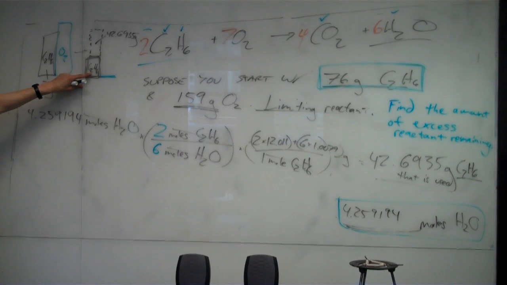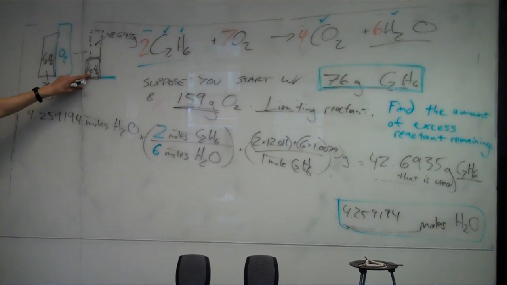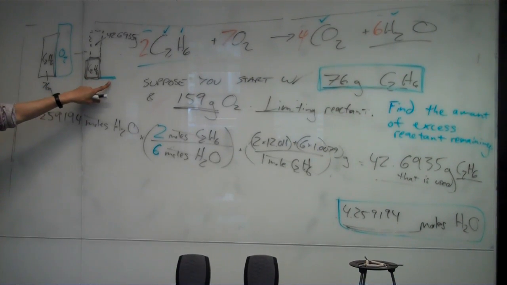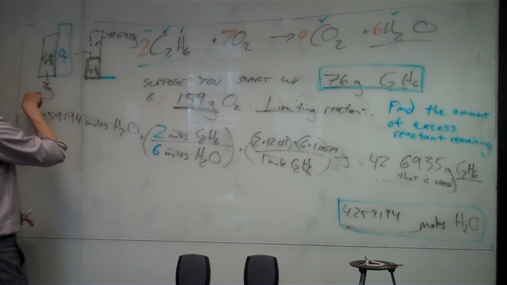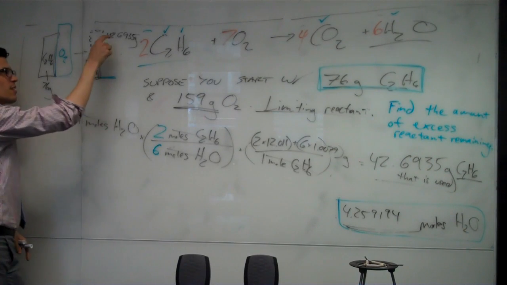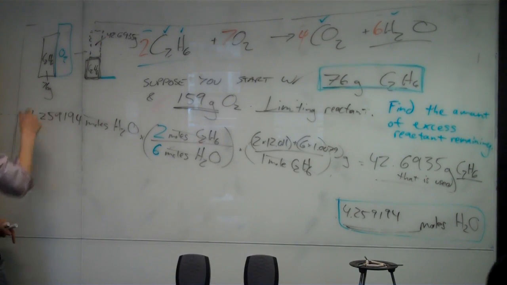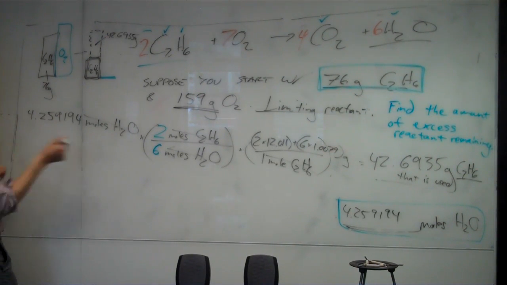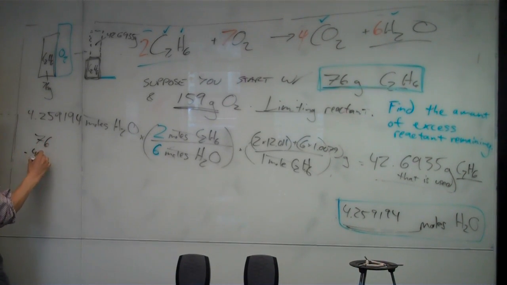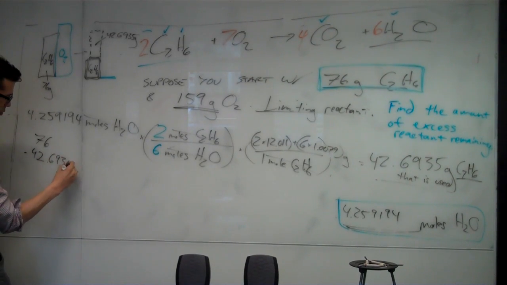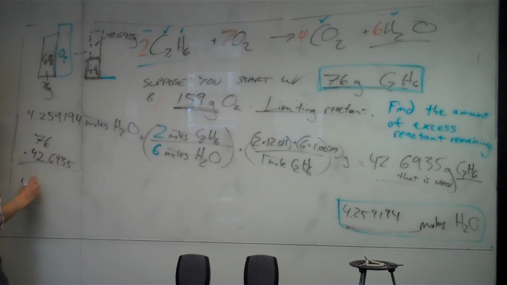So our final excess reactant remaining after the oxygen has all been used up is 76 minus this number right here. Since you only have 2 sig figs, it's 76 minus 42.6935, rounded to 2 sig figs.